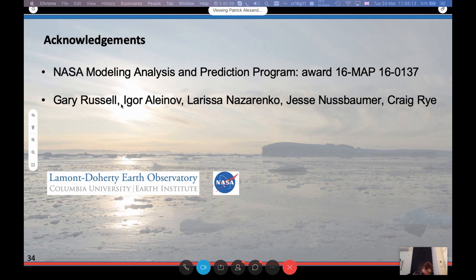Yeah, I don't know who would have done it at the moment, but I'll have to look up the group. I think Mark Flanner did an estimate like that. He found that in the modern climate, black carbon is more important than dust, but in the LGM dust is more important, partly because there's more dust and also because there's less black carbon.